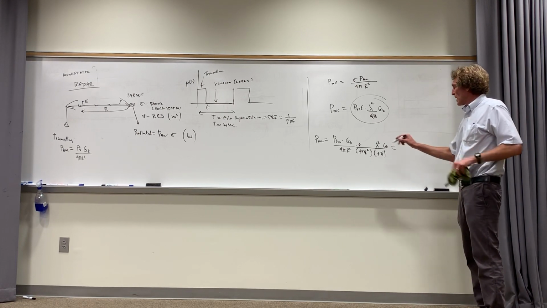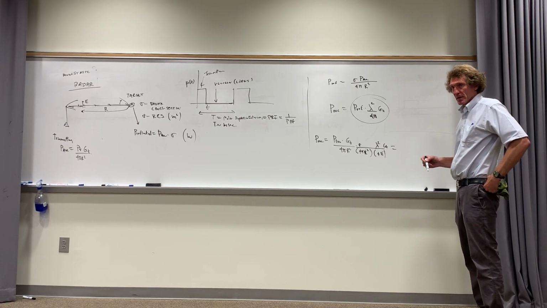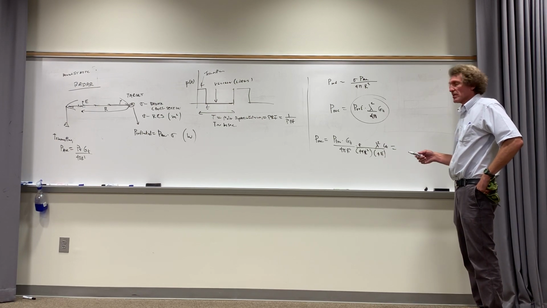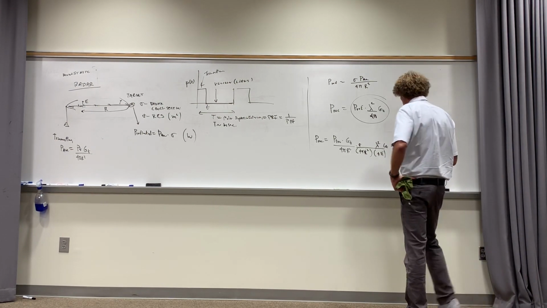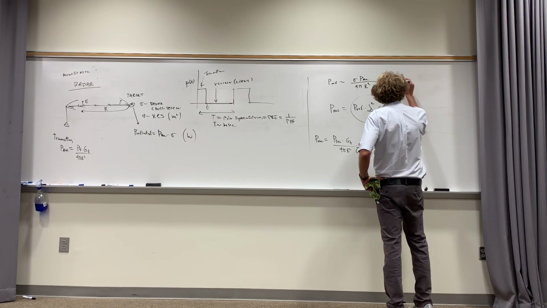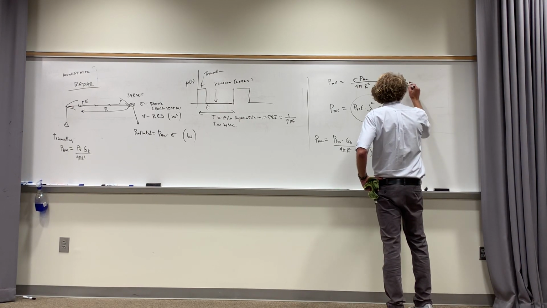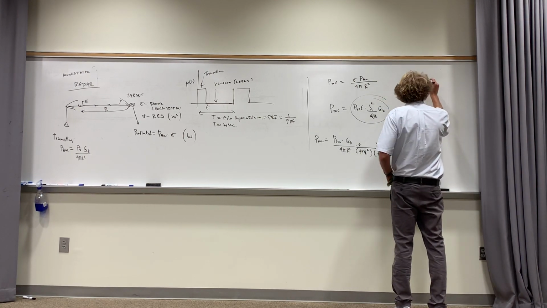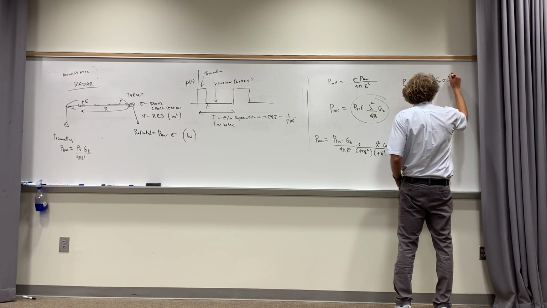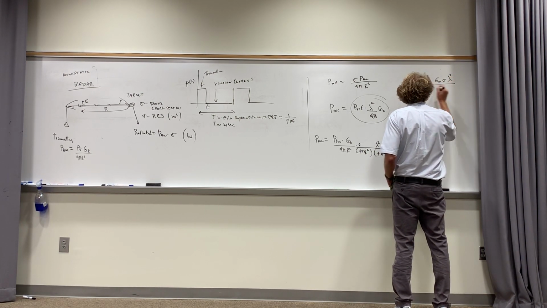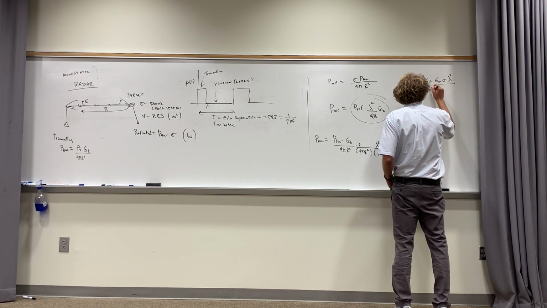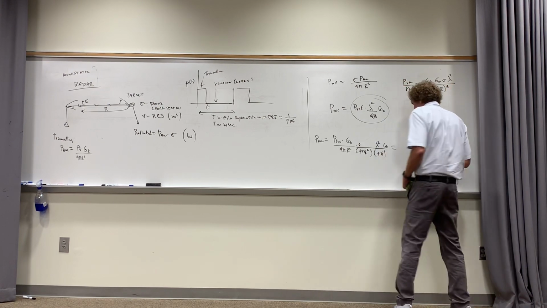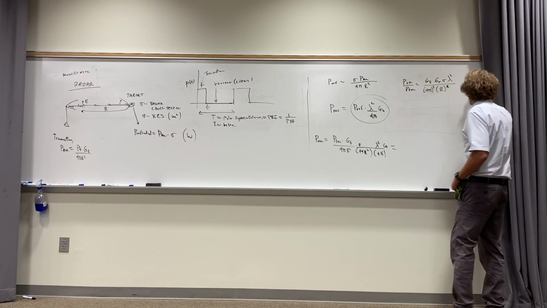Now you can see that 4 pi occurs 3 times in the denominator. And you can see it's r squared times r squared, or r to the 4th. So this equation can be reduced to this. You can put P received over P transmitted is simply equal to gain of the transmitter times gain of the receiver times sigma times lambda squared over the quantity 4 pi cubed r to the 4th, and lo and behold, you have what's called the radar range equation.